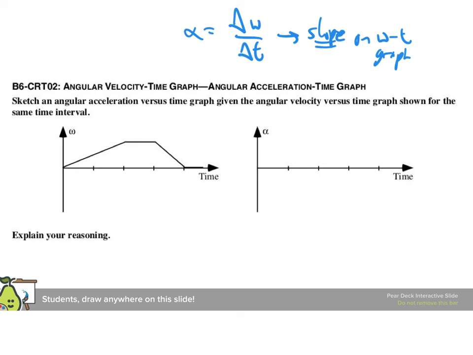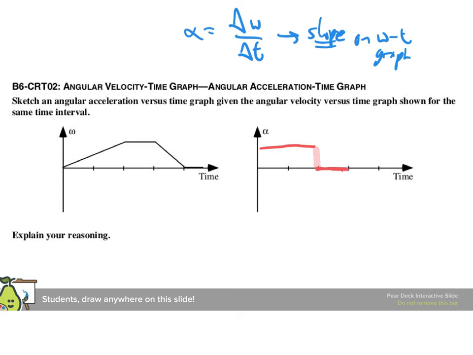So if we look here, we say that during the first two time intervals, it's got some positive but constant number. So maybe something like this. But then during this time interval, omega is constant, so its slope is 0. So this drops down and becomes this, but it's only one time interval.